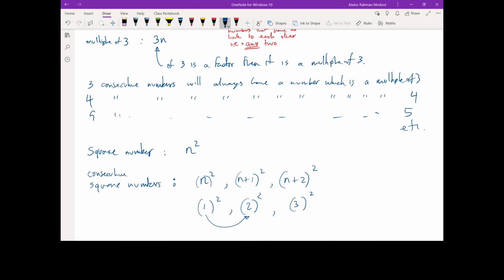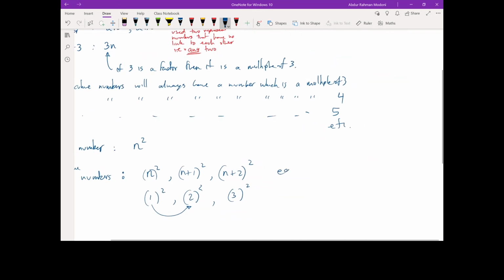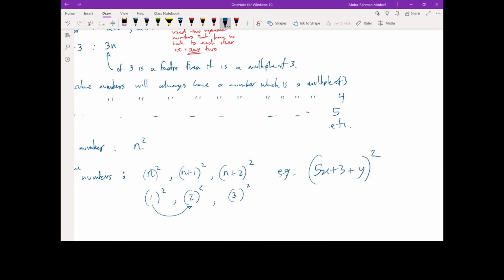So when you want consecutive square numbers, there has to be a square on it. So really, square numbers are any expression with a square on it. If you can get any expression with a square on it, it is classed as a square number. Anything with a square on it, it's a square number. It has to be the whole thing. The whole thing, the bracket, the whole expression has to have a square on it for it to be a square number. So if I wrote down something like this, e.g. (5x + 3 + y) all squared.